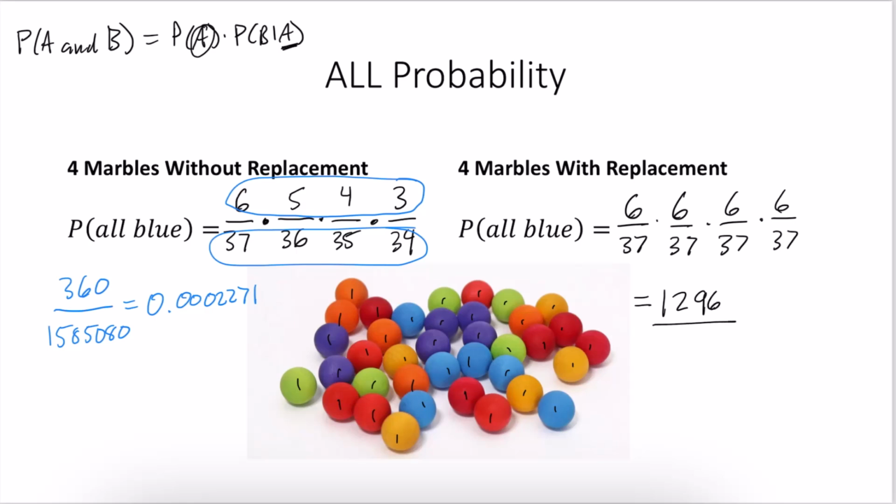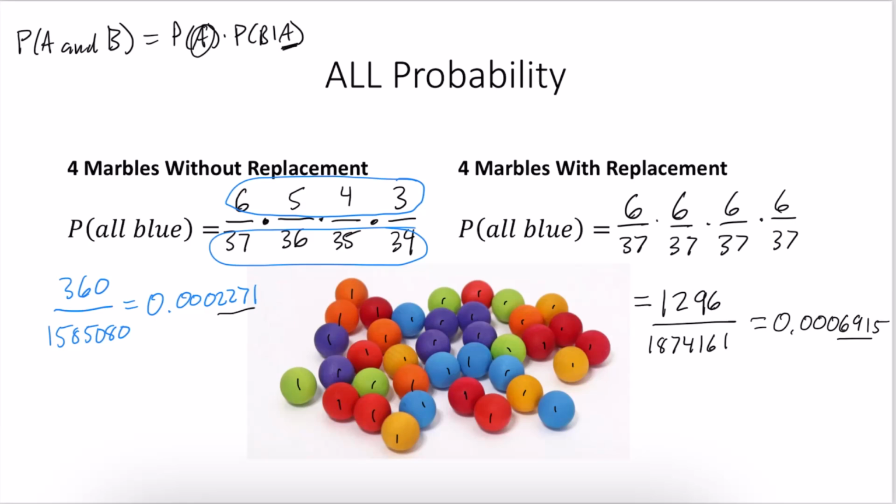And then if you do 37 times itself 4 times, or you could use a regular exponent to do that, that gives you that number. And then when you divide those, you end up with 0.000691. So still really small, but you can see that this probability is bigger than this one.